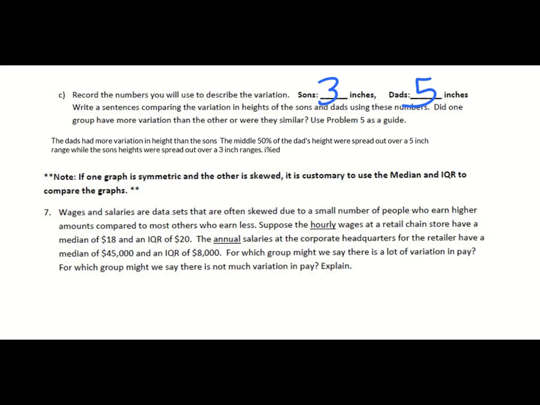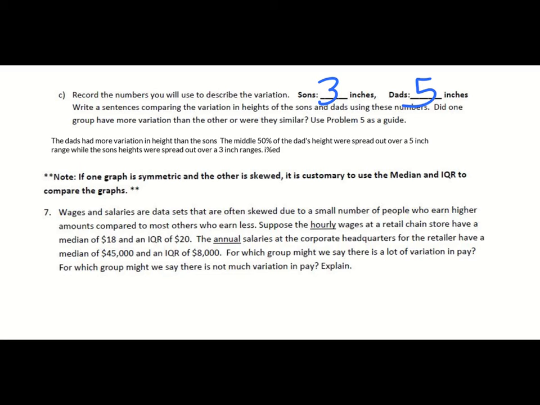Okay, it says wages and salaries. Wages and salaries are data sets that are often skewed due to a small number of people who earn higher amounts compared to those who earn less. Suppose the hourly wages at retail store chains have a median of $18 and an IQR of 20. The annual salaries at corporate headquarters for retailers have a median of 45,000 and an IQR of 8,000. So you're trying to compare hourly wages and yearly wages.